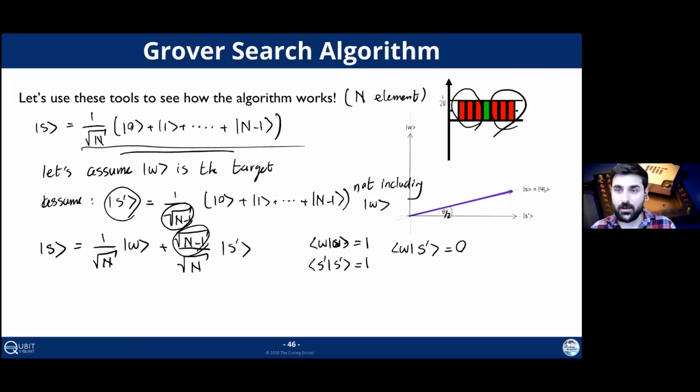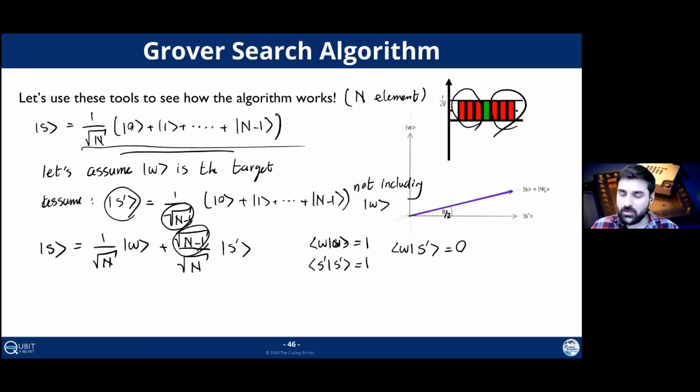Let's just focus on the picture that I have on the right representing it. So by writing things this way, I can essentially put my W state on one axis, and since we stated that S prime is perpendicular, I can put S prime on another axis.